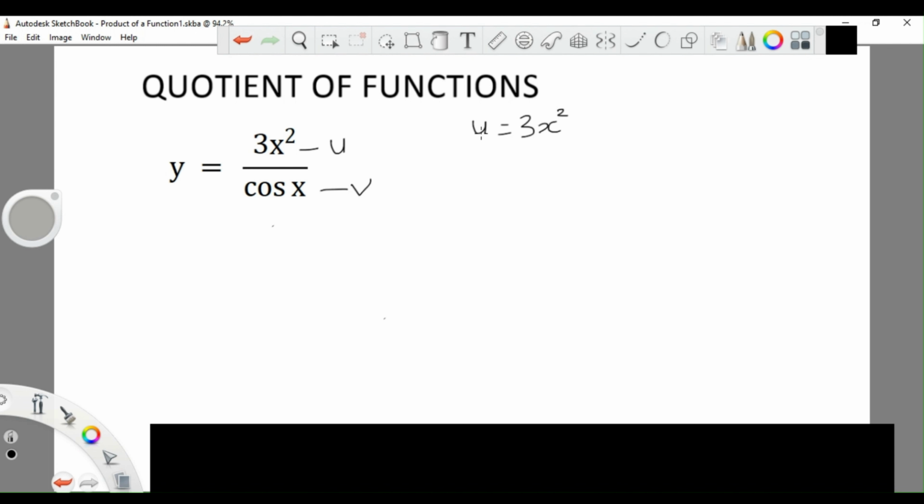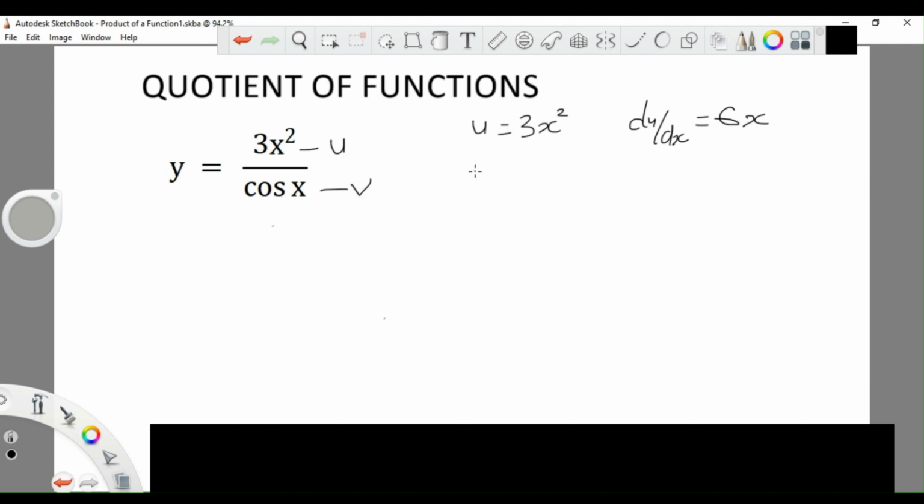If I differentiate u with respect to x, becomes du over dx. That will give us, remember, to differentiate, the power multiplies the whole function. So 2 times 3 is 6. Then x, then we'll subtract 1 from the power. So 2 minus 1 is 1. So when you differentiate 3x squared, we get 6x.